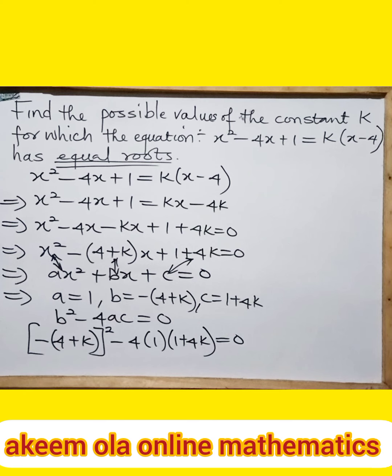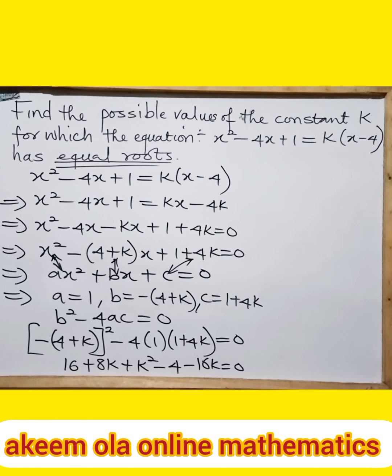Simplifying this now, the square will remove the minus. And simplifying 4 plus k bracket squared, that will give us 16 plus 8k, then plus k squared. Open the bracket here, we have 4 minus 16k, is equal to 0.